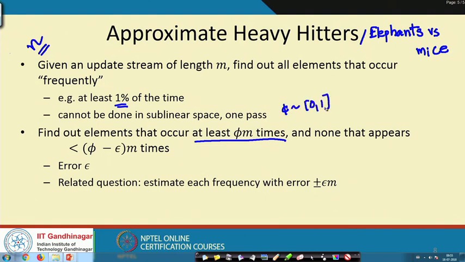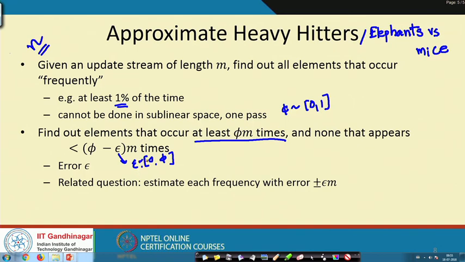What I want to give is an algorithm that guarantees that all elements that occur at least phi m times are there, and none that appears less than phi minus epsilon m times are there, for epsilon between 0 and phi.